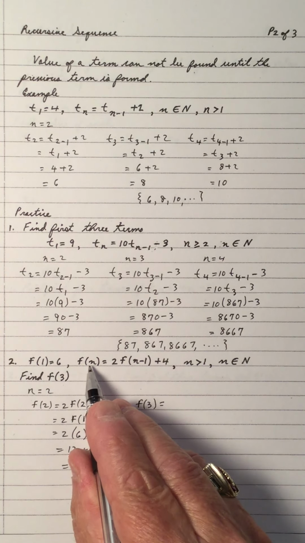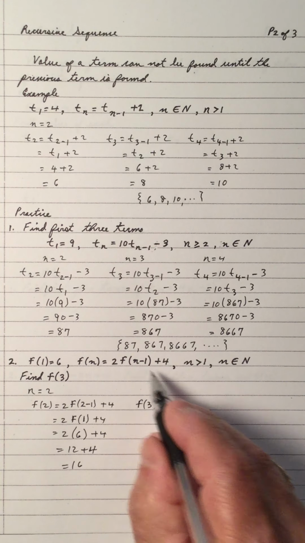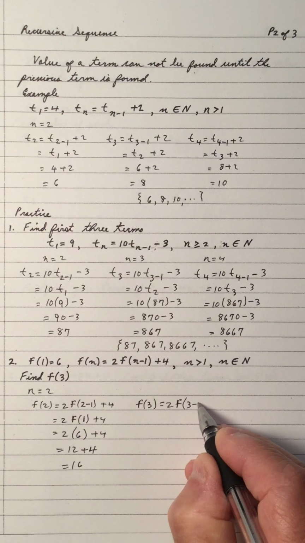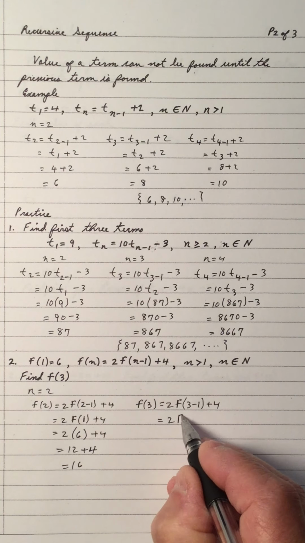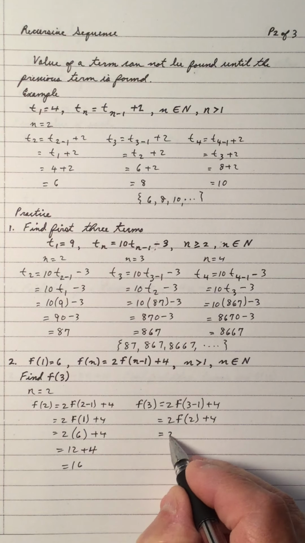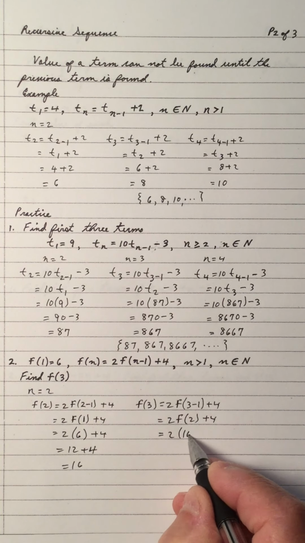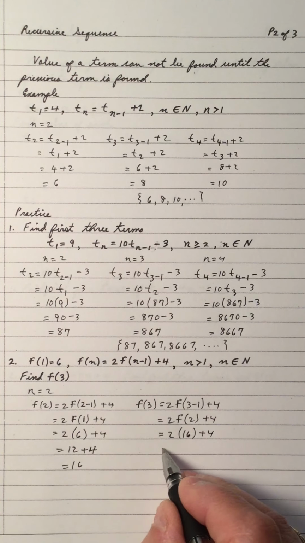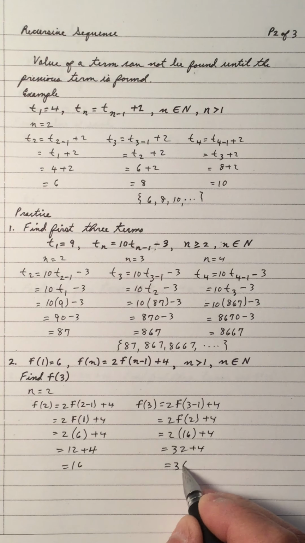So f of 3 is 2 times f of 3 minus 1, plus 4. 3 minus 1 is 2, and f of 2, we just found it to be 16. 32 plus 4 is 36.